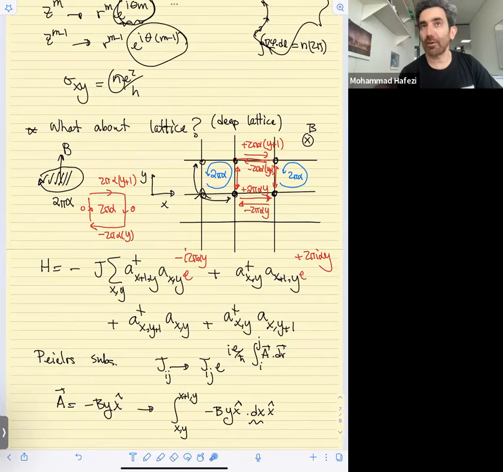That's the Aharonov-Bohm phase, and the phase that I get around a closed loop is equal to the amount of magnetic flux that I am encircling. If it's a single magnetic flux, then it's 2 pi. But if it's a fraction of a magnetic flux, it would be 2 pi times that fraction. And I call that fraction alpha.